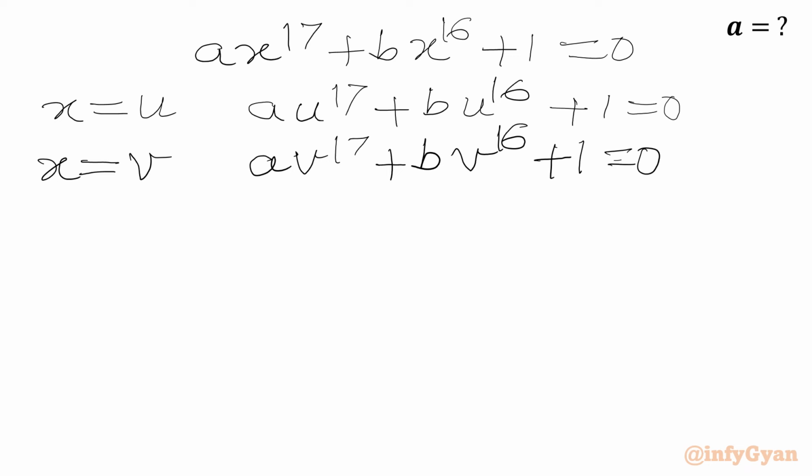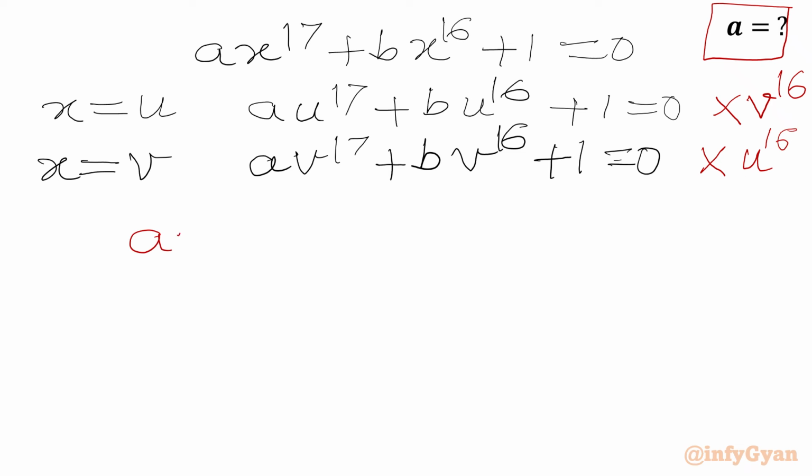Now our target is to find out a. So I need to eliminate b term. So I will multiply our first equation by v power 16, and second equation we are going to multiply by u power 16. Let's multiply.